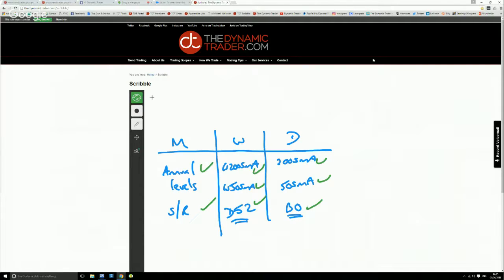If, for example, everything is good, but the Donchian 52 hasn't been broken, this is where I have two options. I can either stand aside, or if I want to take my trade, reduce the risk.